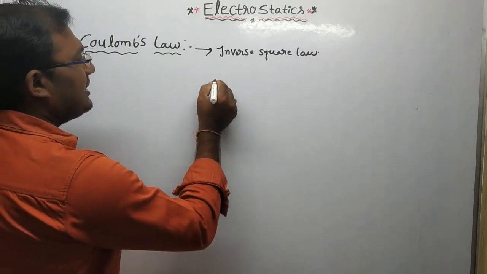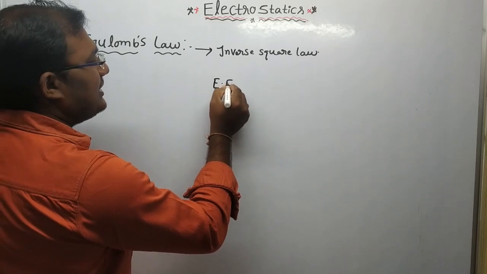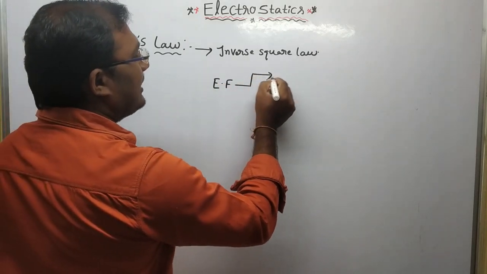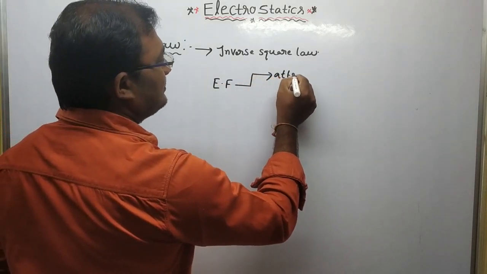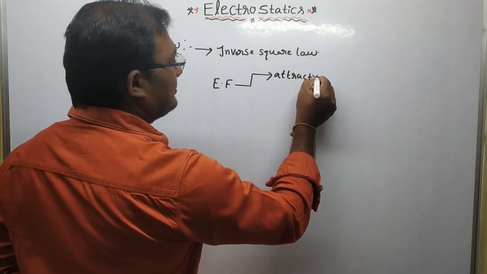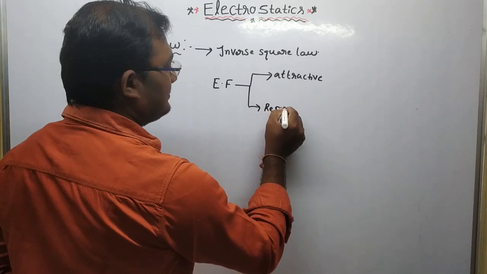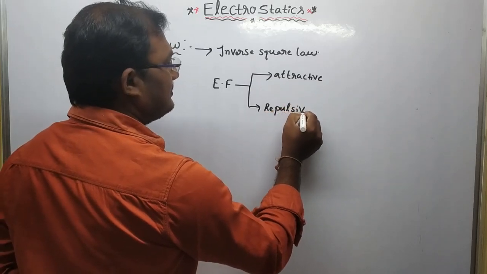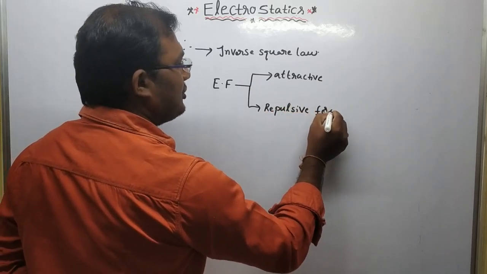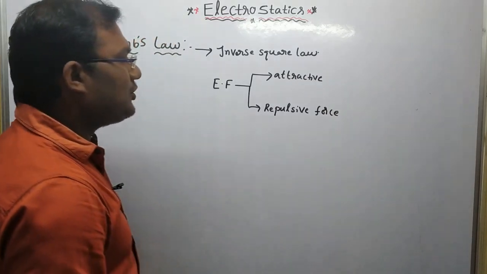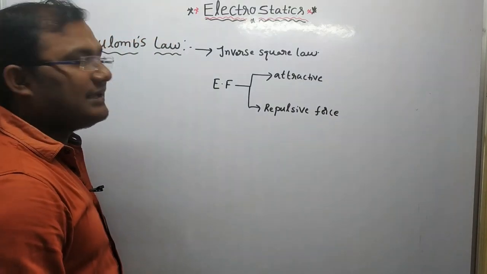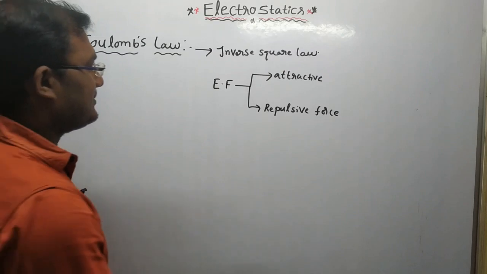In nature, electrostatic force may be an attractive force or a repulsive force. Whether it is attractive or repulsive depends on the nature of the two charges.